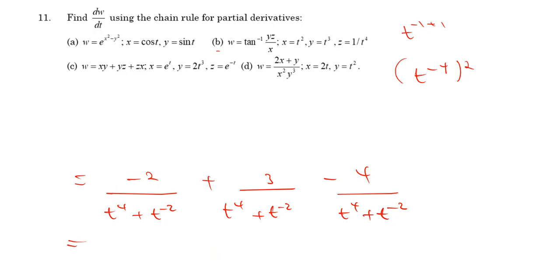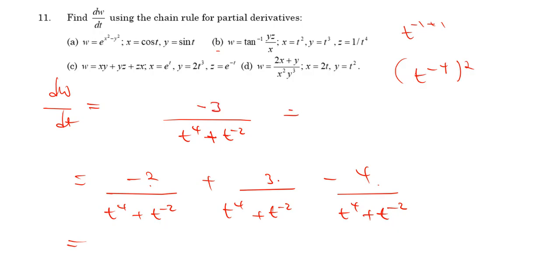So I have dw/dt is just going to be, I keep the base, which is t in the denominator there, which is just t to the fourth plus t to the negative 2. Then I add what is in the numerator. That's add negative 2 plus the 3 gives me positive 1. Then minus the 4, that is going to give me negative 3. So I'm just going to have negative 3 there.